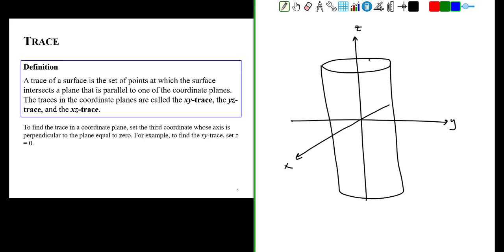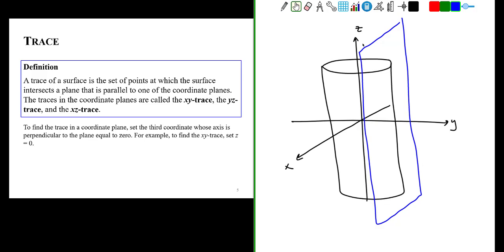And we're going to look at the traces projected onto the xz plane. Here is the plane which is parallel to the xz plane. This plane will correspond to some value of y. We're going to move this plane down.